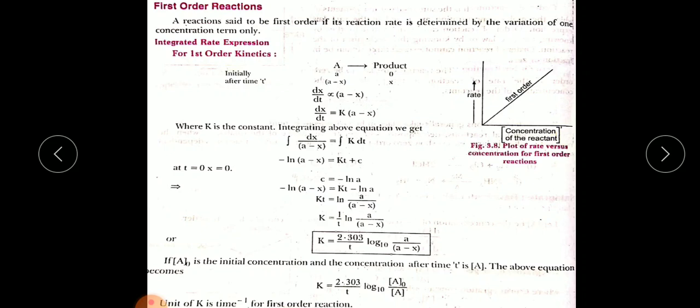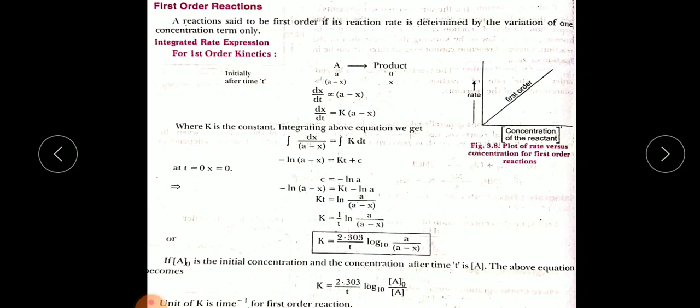Now when you convert this ln with respect to base e to the logarithm with respect to base 10, we need to multiply with the factor 2.303, then it will convert into log. So k equals finally 2.303 by t log10 of a over (a minus x). As we know, a is the initial concentration and a minus x is the final concentration.